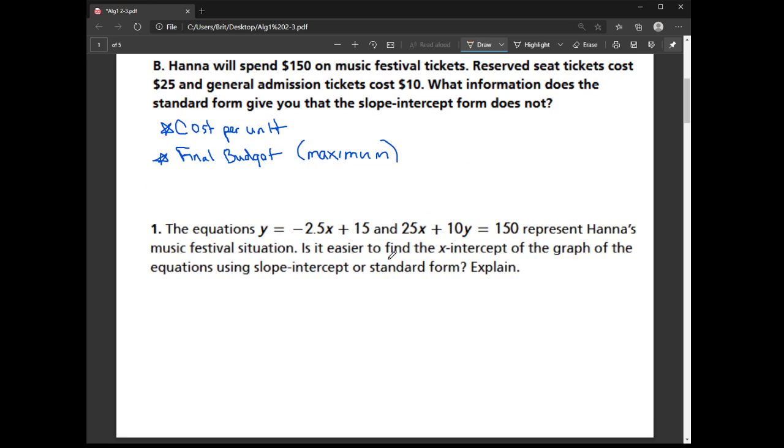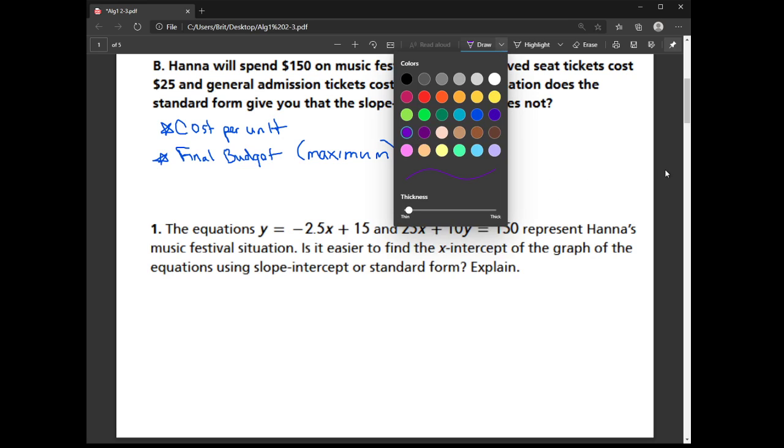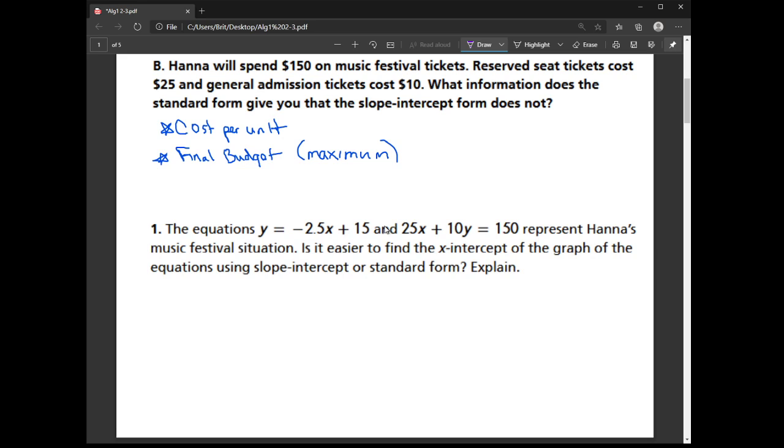And so it says, is it easier to find the x-intercept of the graph of the equation using slope-intercept form or standard form? Well, remember the x-intercept is when the y value equals 0. So for the slope-intercept form, I would have to set y equal to 0 here, and then go about solving for x.